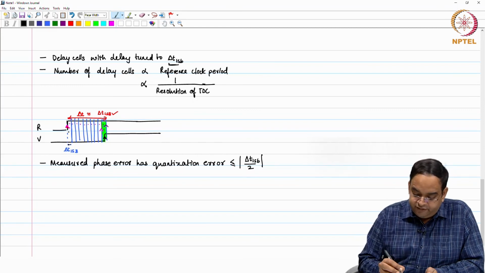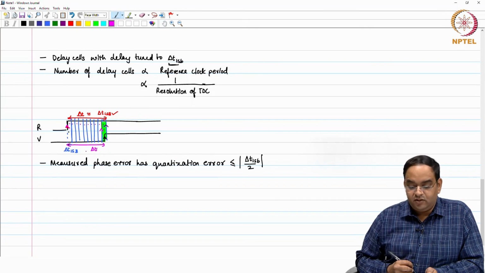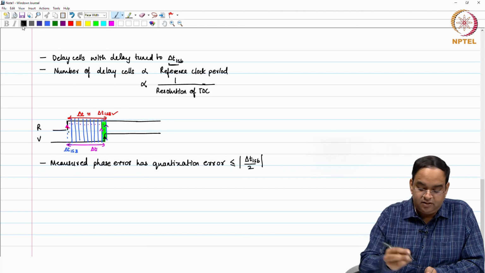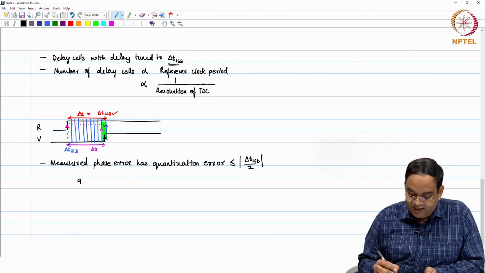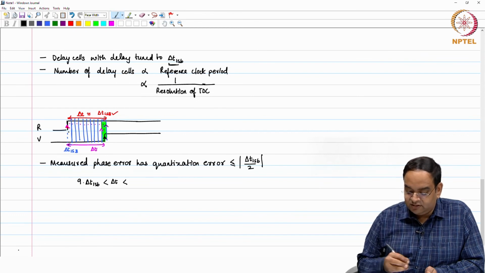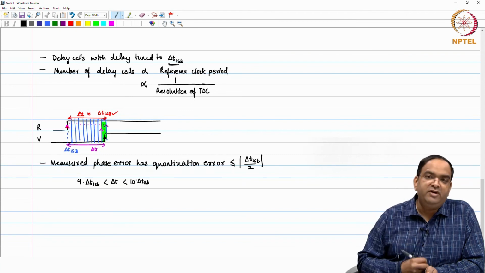So, if you were doing it in an analog manner, then whatever this phase error is, it is exactly this delta t. Okay. But what you are saying is my phase error is either 9 times delta t LSB, which is actually less than the delta t error, or if you say it is equal to 10 times delta t LSB, which is more than the phase error.